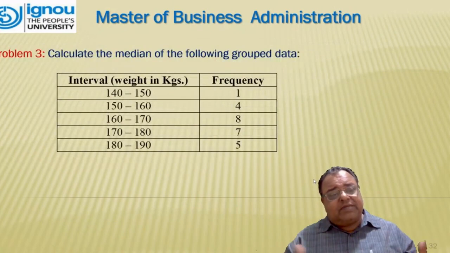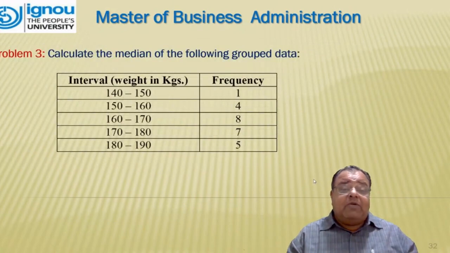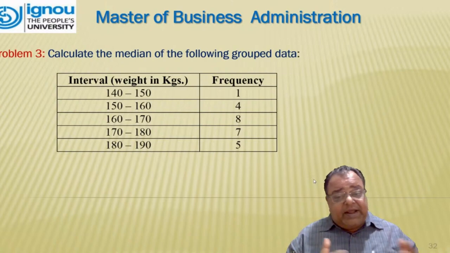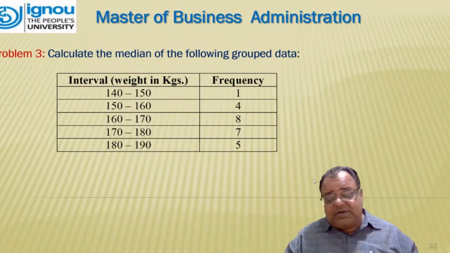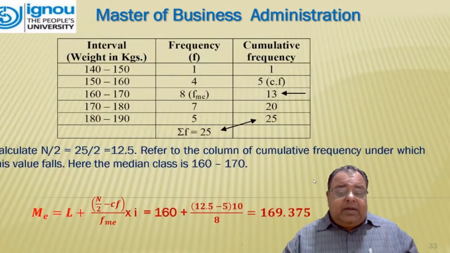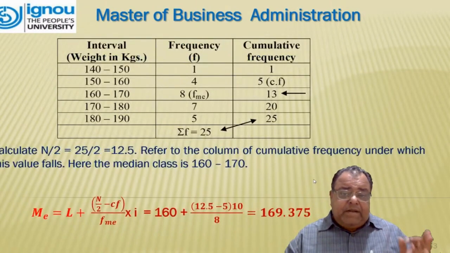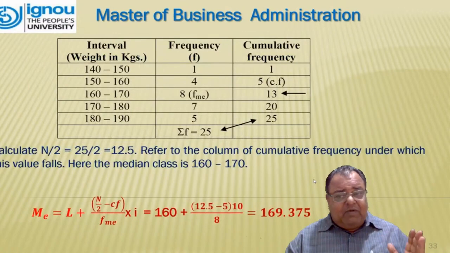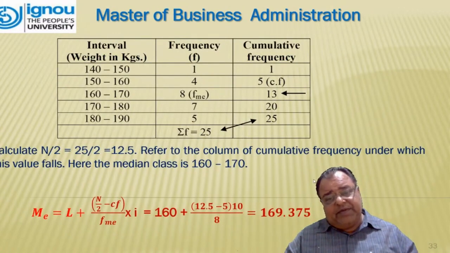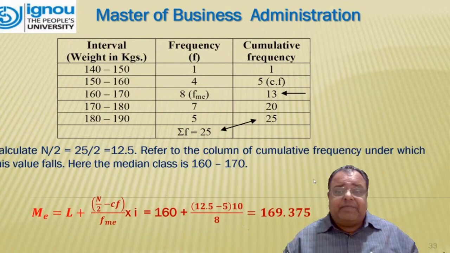Now, the next problem is related to calculation of the median for this data. The data is given to us, the interval is given to us, and the frequency is given to us. First step is to calculate the cumulative frequency. Now the question arises how this cumulative frequency is calculated.